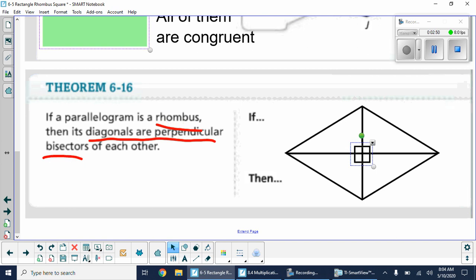Having some technical difficulties here, guys. Okay, 90 degrees. And then also, they're bisecting each other. So those two parts are equal. Those two parts are equal. Okay, that will always be true in a rhombus.